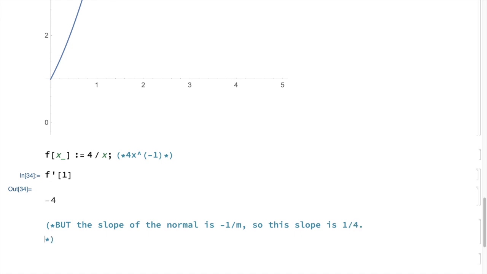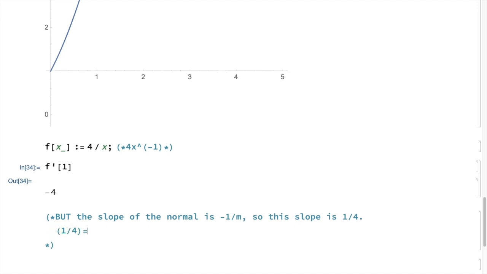All right, let's plug it into our point gradient form. So I'll have 1 over 4, and this will equal y minus some point divided by x minus some point, for some x1, y1. And we need to pick a point. Why don't we pick x is equal to 1? That point seems pretty good. So if I plug in a 1 for that one, I just need to know what f is when I evaluate it at 1.